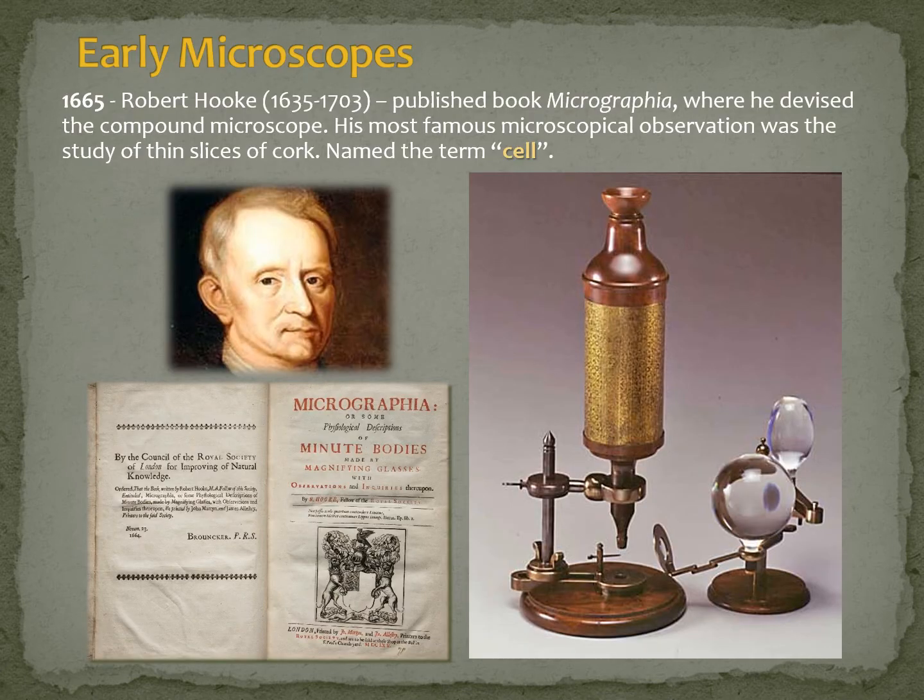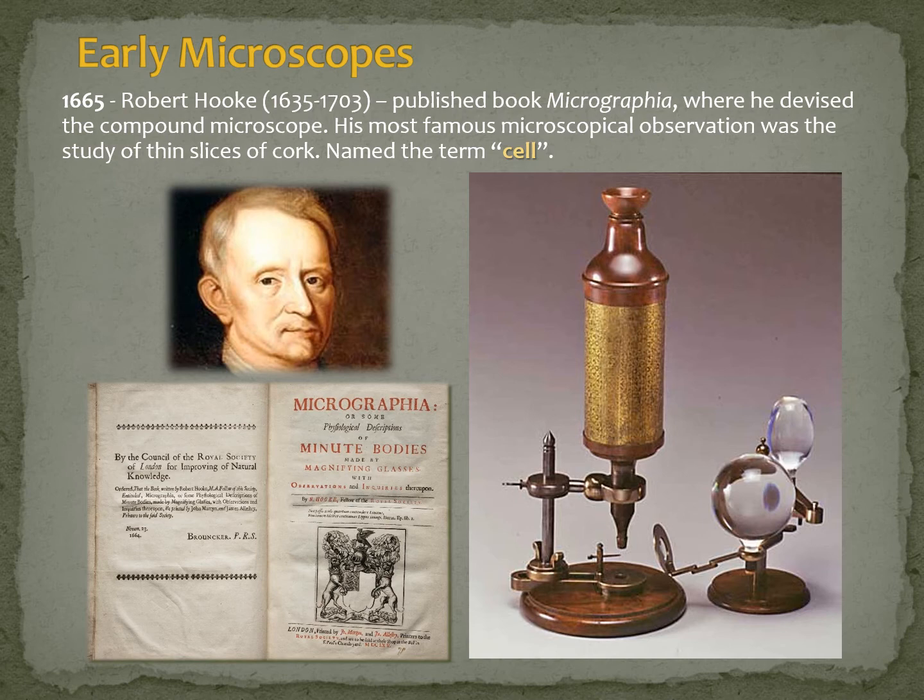Also making use of these simple compound microscopes, another giant in microscopy is Robert Hooke, who was later the president of the Royal Society in London, and you can see the system to illuminate the sample. He made many observations.